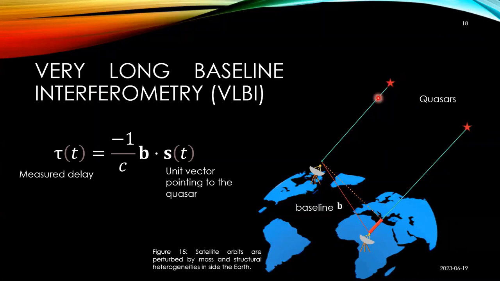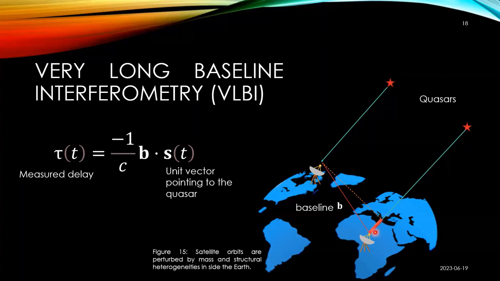So when the signal comes to one station, and the same signal comes to another station, they are not arriving at the same time because of the distance between the stations. So here we have a little bit of extra distance or extra time delay, the delay between receiving the signal at one station and at the other.